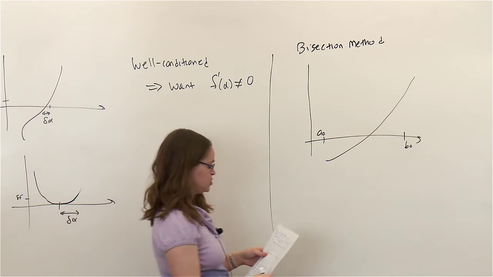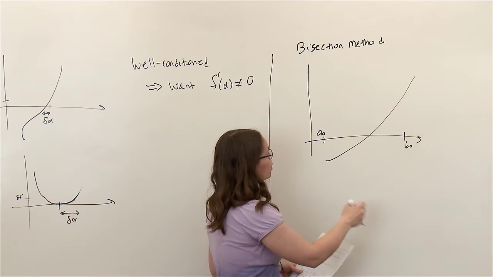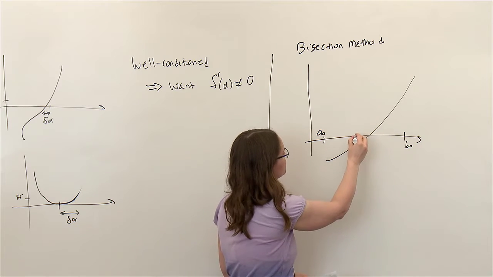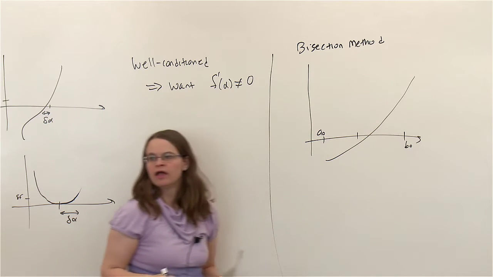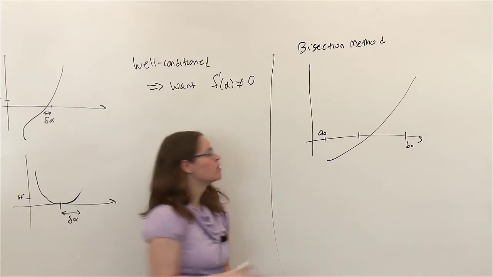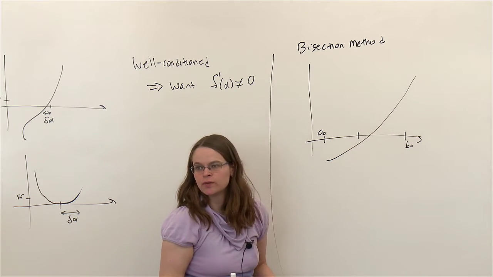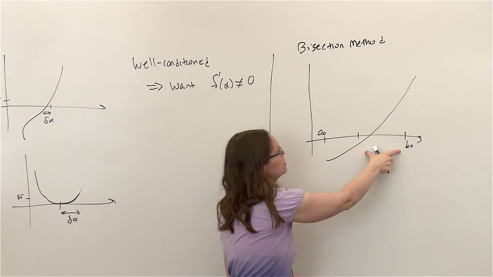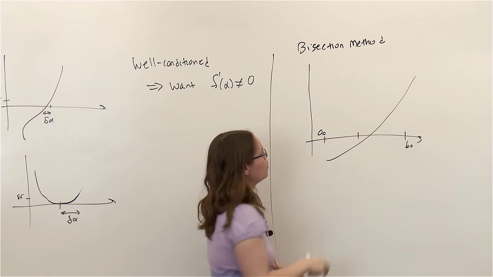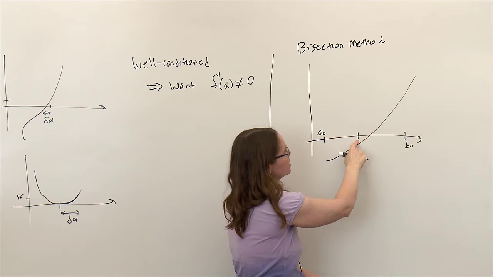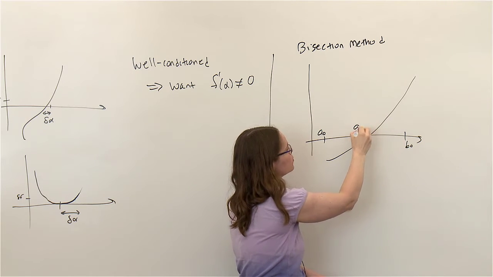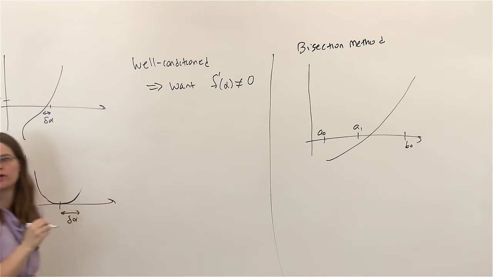Okay, so I start by sandwiching it, and then I look for the midpoint of the interval. Now the root is either in here or in here, and I just look to see where it changes sign. Does it change sign in this interval or this interval? Well, it looks like f is negative here, positive here, so this is going to become my new interval.